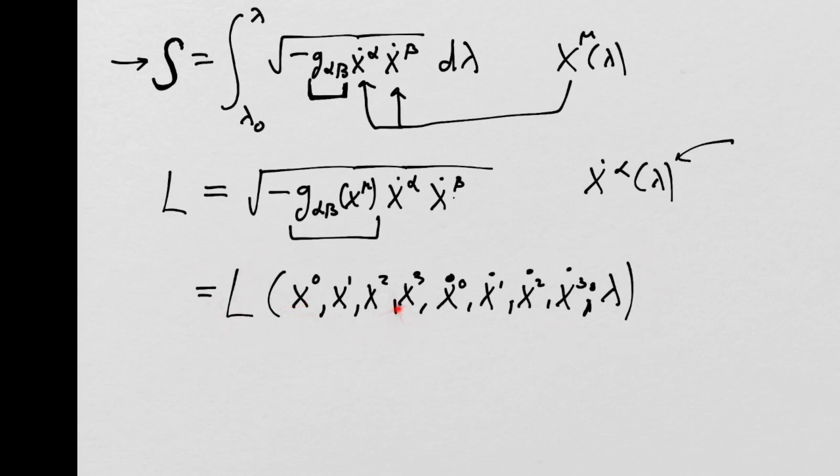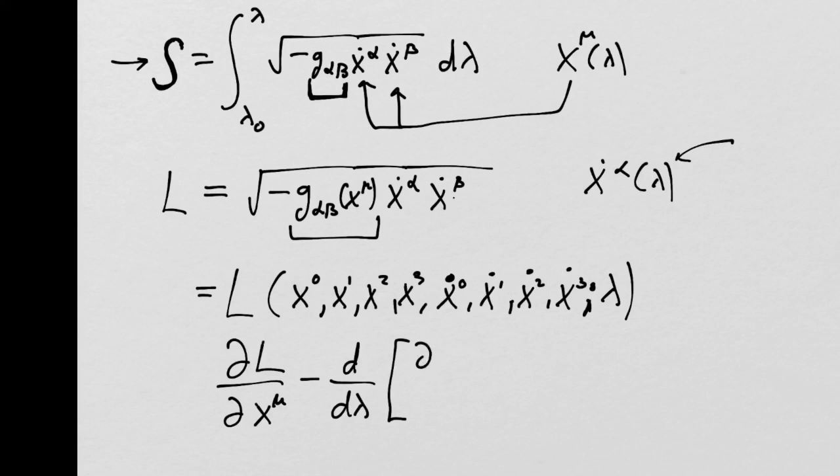So we're looking for 4 Euler equations, right? We're looking for 4 equations that are ultimately going to be traceable to this form: partial L partial x mu minus d by d lambda. Now notice the d by d lambda is not a partial derivative. It is a regular derivative. d by d lambda of partial L partial x mu dot equals 0.